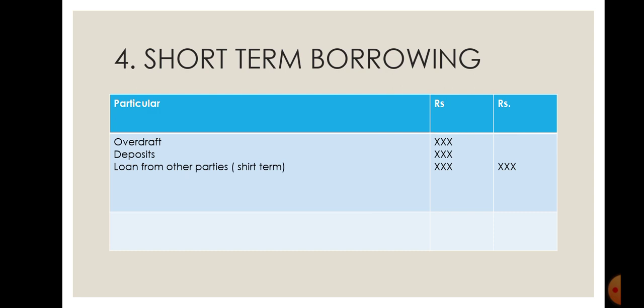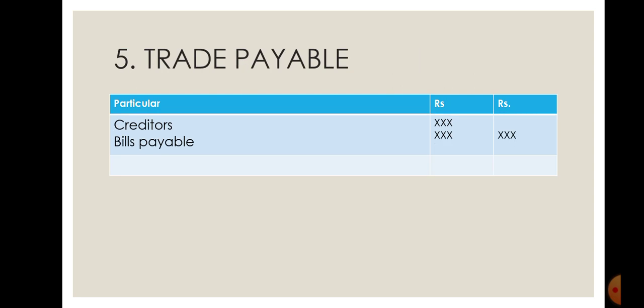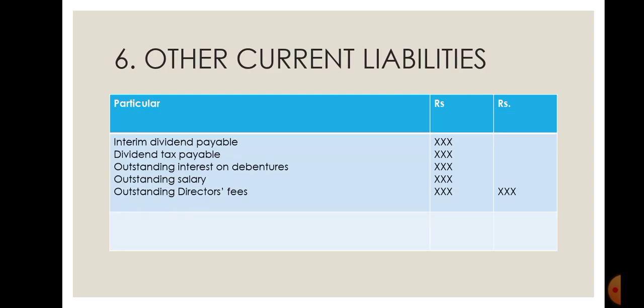Next we shall see long-term borrowings, namely debentures, bonds, term loans from banks and public deposits. Under short-term borrowings, overdraft, deposits and loans from other parties are given. Under trade payables, creditors and bills payable are given. Other current liabilities include interim dividend payable, dividend tax payable, outstanding interest on debentures, outstanding salary and outstanding director fees.